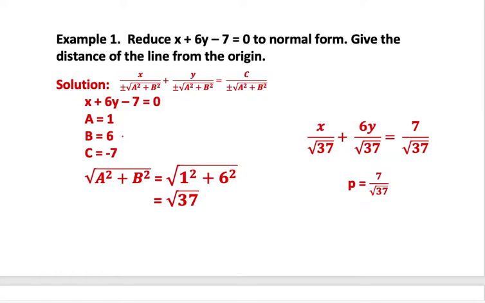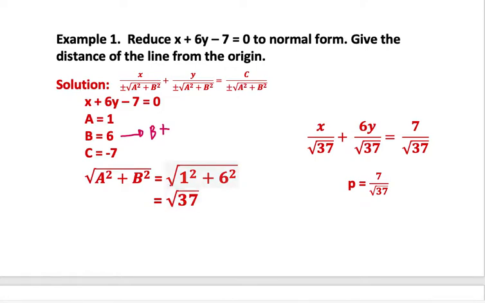Since our b here is 6, it implies that b is positive. In other words, we are going to use the positive square root of a squared plus b squared. Then just replace the values of a and b. A is 1, and b is 6.